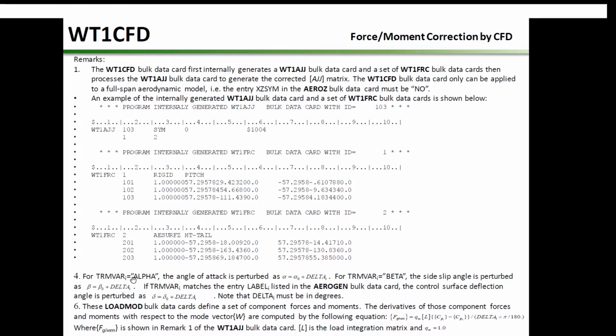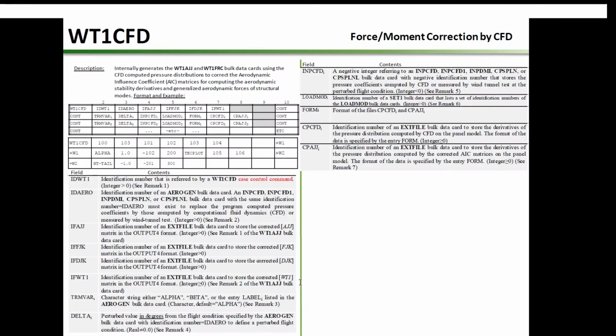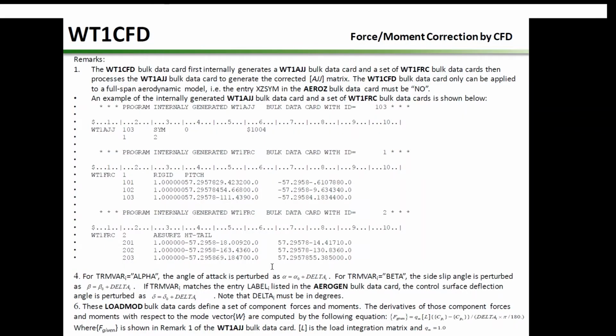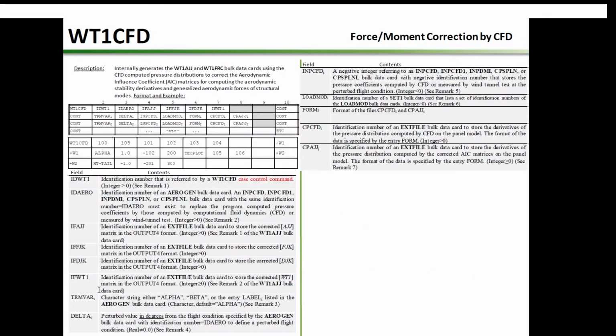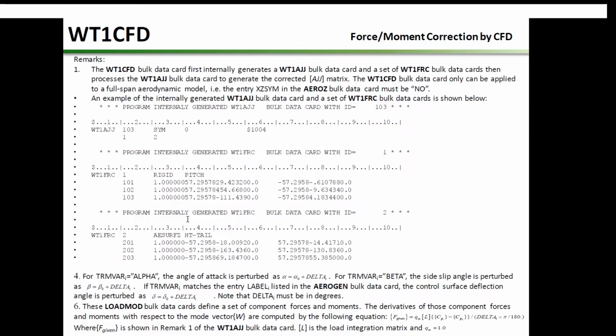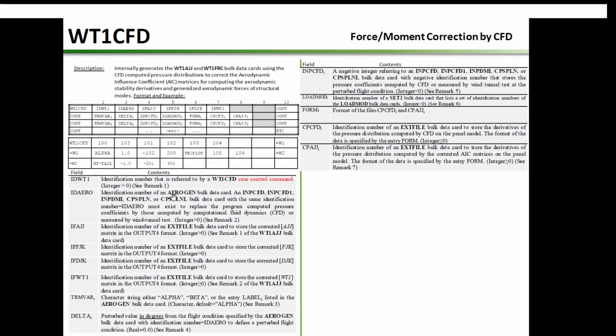And for trim y equal to alpha, the angle of attack is perturbed as alpha plus alpha naught plus delta. Alpha naught is the angle of attack specified in the AIC card. And it's beta naught plus delta, where beta naught is the sideslip angle defined in the AIC card. And delta naught is the control surface deflection angle defined in the AIC card.